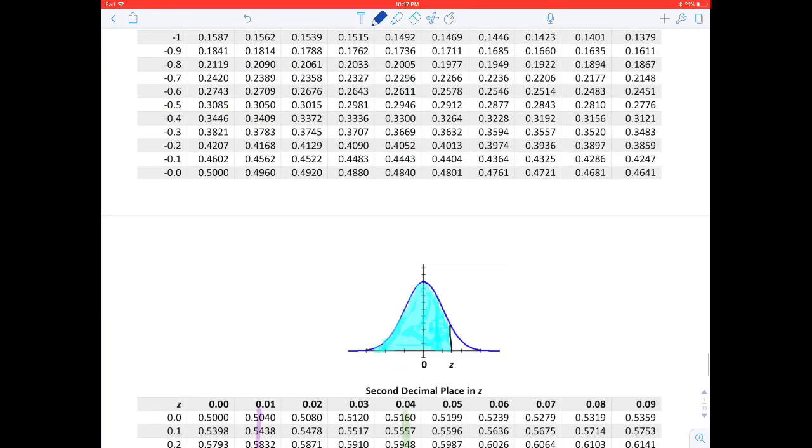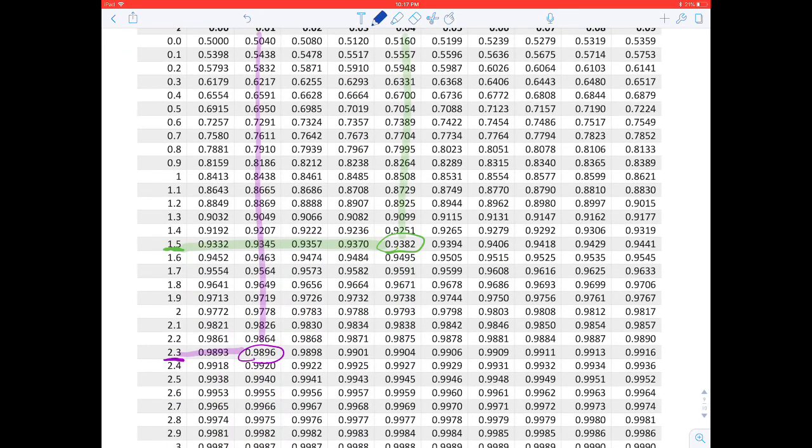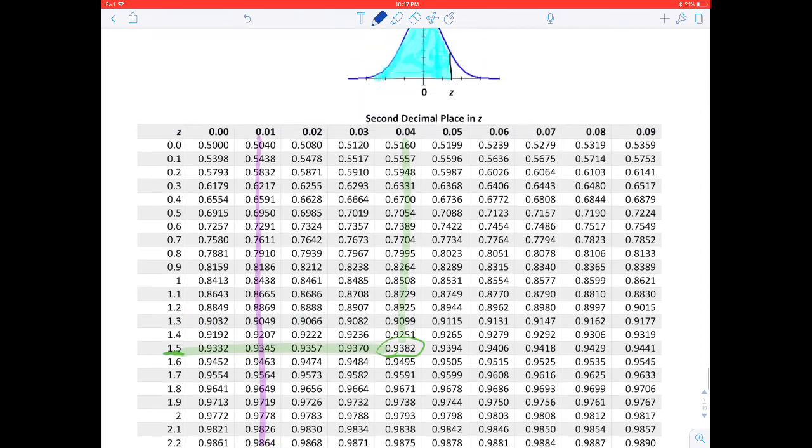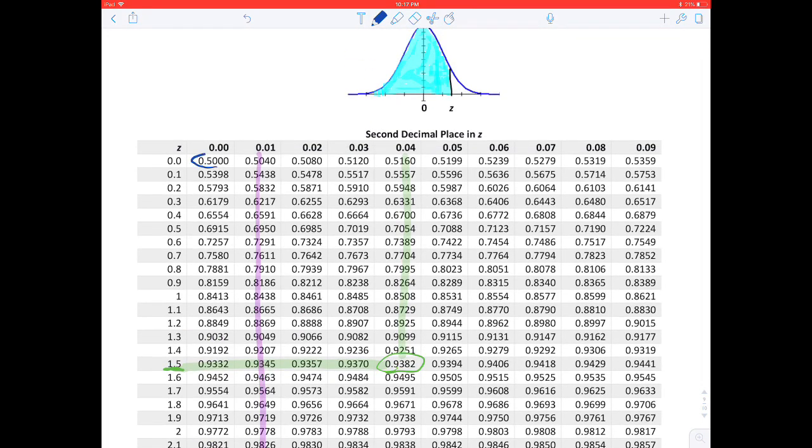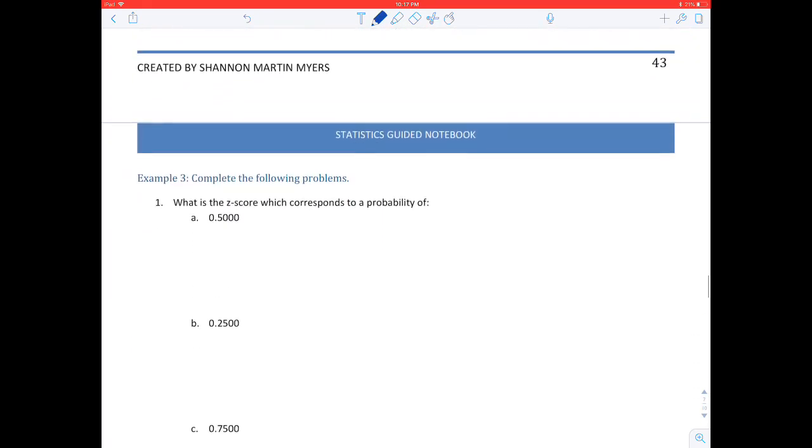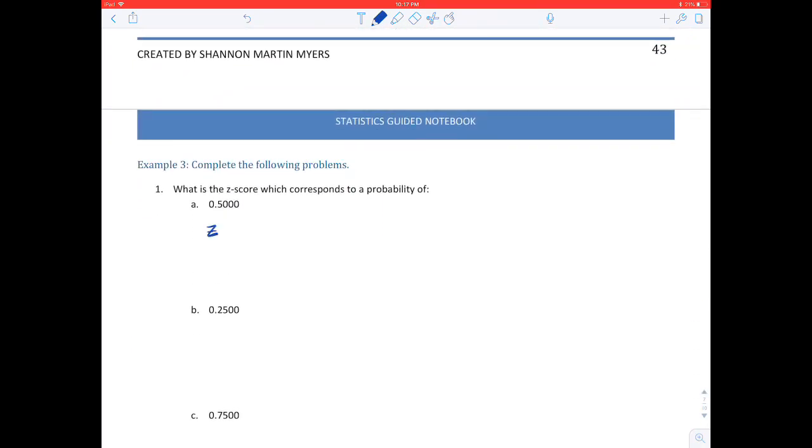So if we go to our table, do you see that we have 0.5000 right here. And that's, unsurprisingly, a z-score of what? 0, right? Because you've got your mean. Half should be below, half should be above. So here we go. That would be a z-score of 0.00.